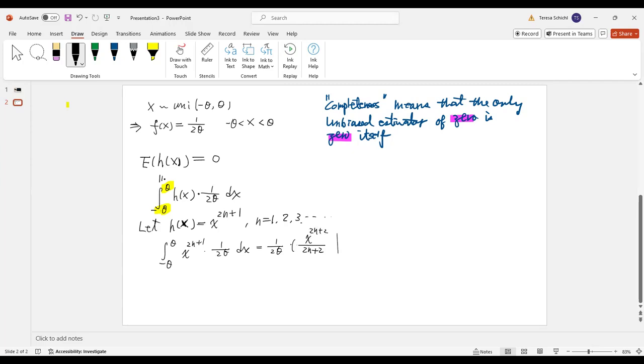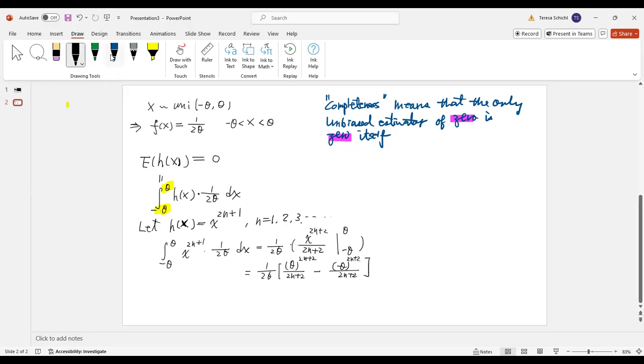Now integrating from negative theta to theta, we have 1 over 2 theta times 1 over 2n plus 2, then theta to the 2n plus 2 minus negative theta to the 2n plus 2.